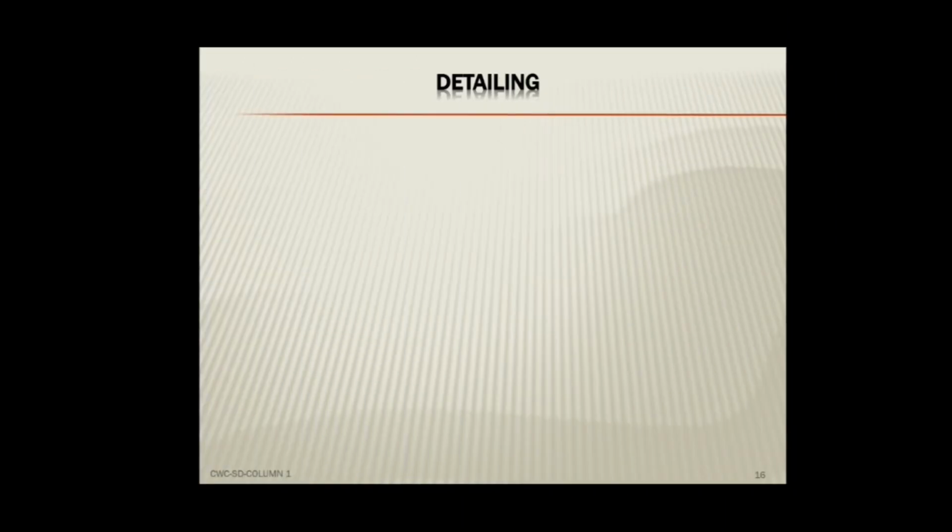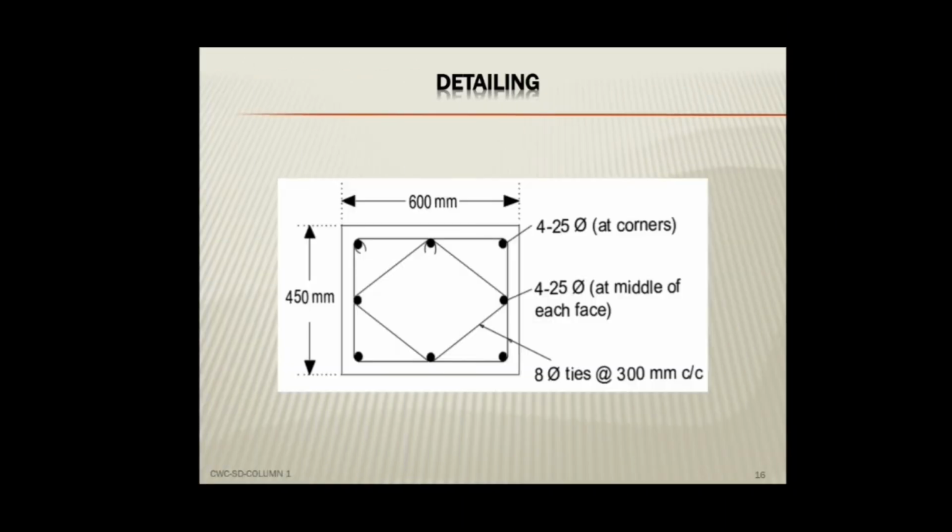Here comes the detailing part. So you can see the column section is marked as 450 mm by 600 mm. Longitudinal bars are marked as dots, 4 corner bars of 25 mm dia and 4 intermediate bars of 25 mm dia.